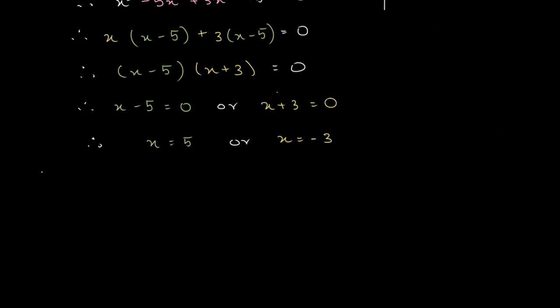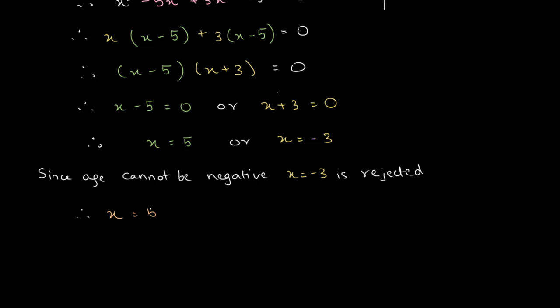So since age cannot be negative, x equal to minus 3 is rejected. So I get my value for x. I can say therefore the final value for x is 5.